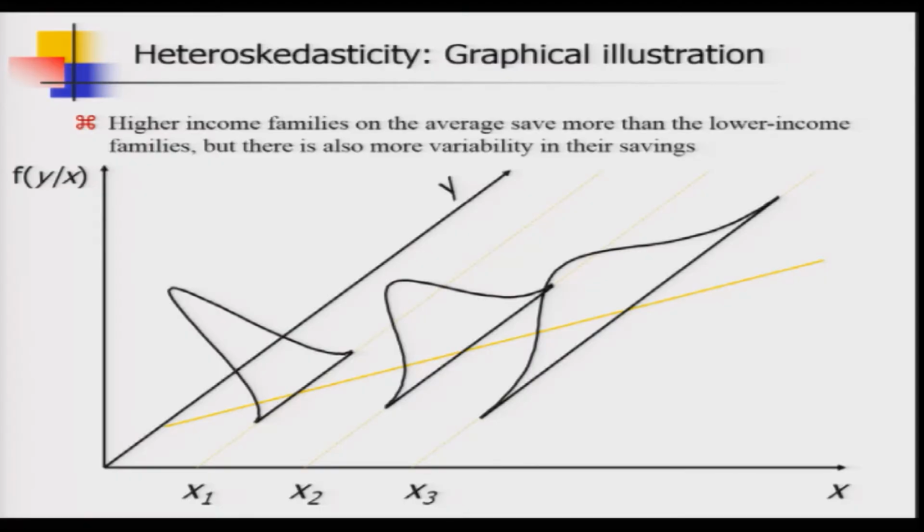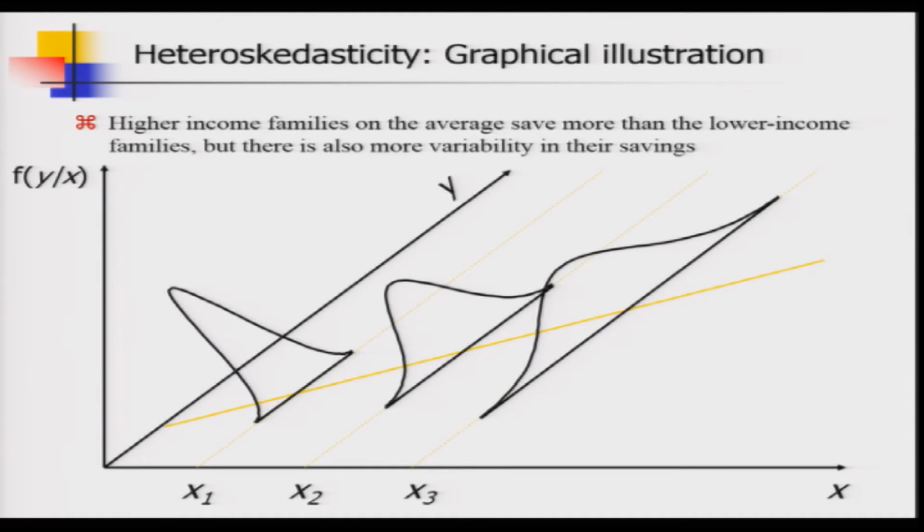Here I am measuring income level as the x variable, and savings as the y variable, and there is also one extra axis, the z axis, on which I am going to measure the conditional probabilities of y given x. Now you see the gold or orange colored upward sloping straight line in this two dimensional x and y plane; that is basically my population regression function. It does not have any stochastic component.